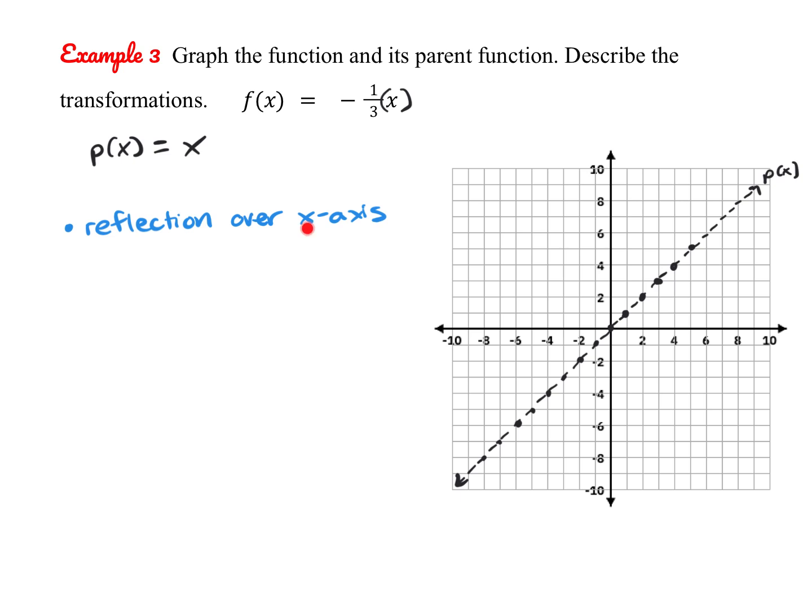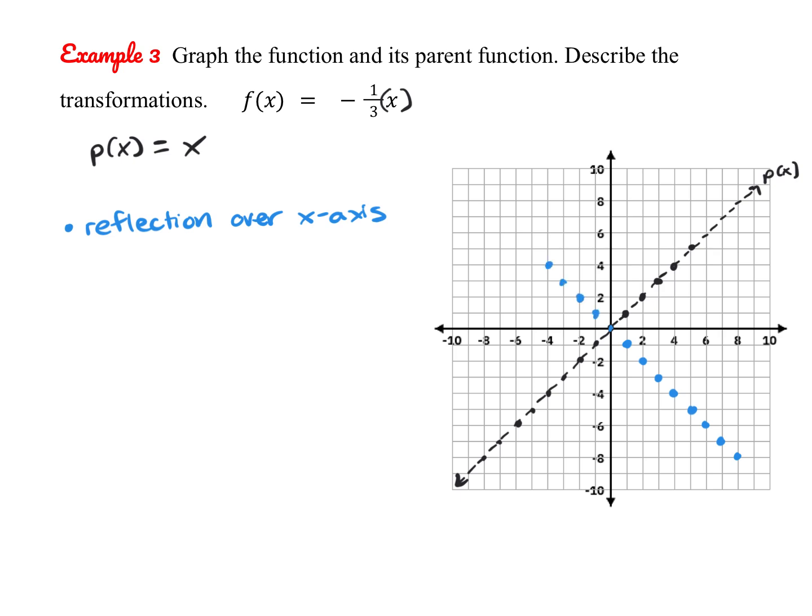To reflect over the x-axis, I take any point, and I go the same distance away from the x-axis, but on the other side. This point is 1 unit above the x-axis, so I'm going to place it 1 unit below the x-axis, and of course 0 will stay at 0. This coordinate is 2 units above, so I'm going to place it 2 units below, and I'm going to continue that pattern on both sides.